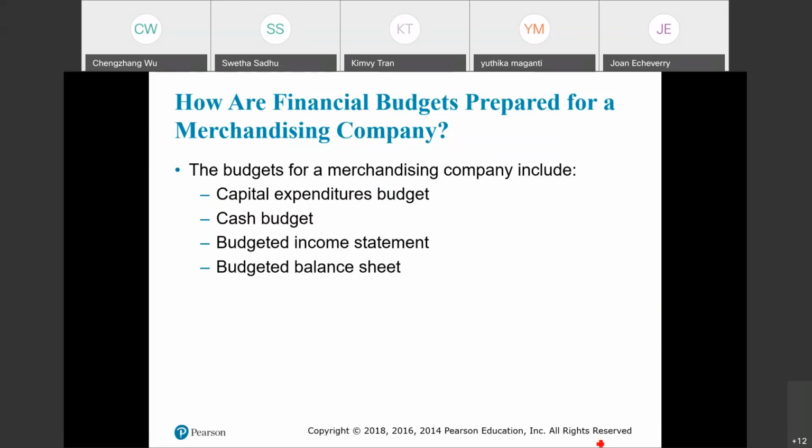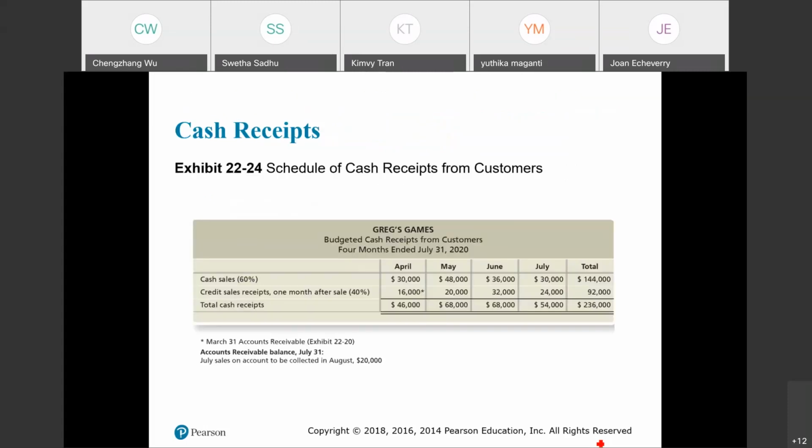This is exactly the same as the case in a manufacturing company, including capital expenditures budgets, cash budgets, and an income statement and balance sheet. So let's start with the budgeted cash receipts from customers.